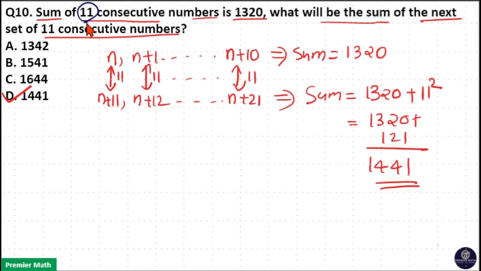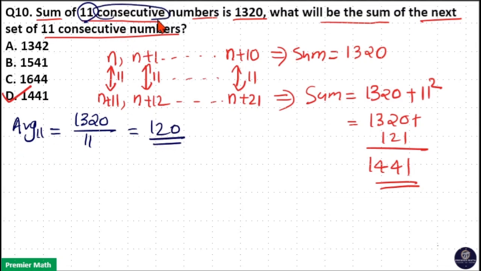Now, you can do this question in a different method as well. That is, take the average of 11 numbers, which is equal to sum 1320 divided by total numbers 11, which is equal to 120. Now average of 11 consecutive numbers is 120, means out of the 11 consecutive numbers, 120 is the middle number.